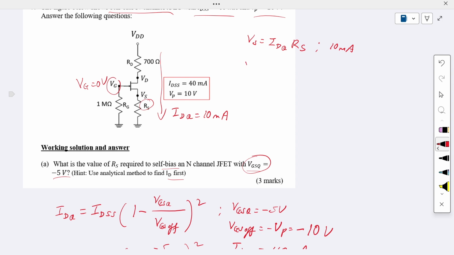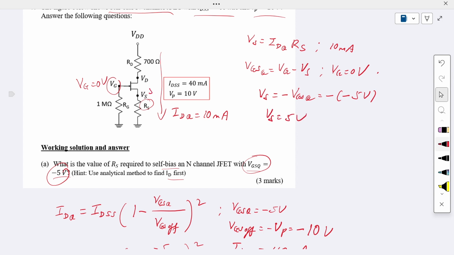So VGSQ is equal to VG minus Vx. Since VG here is 0 volt, Vx will be equal to minus VGSQ, which is minus of minus 5 volt, so Vx is 5 volt.